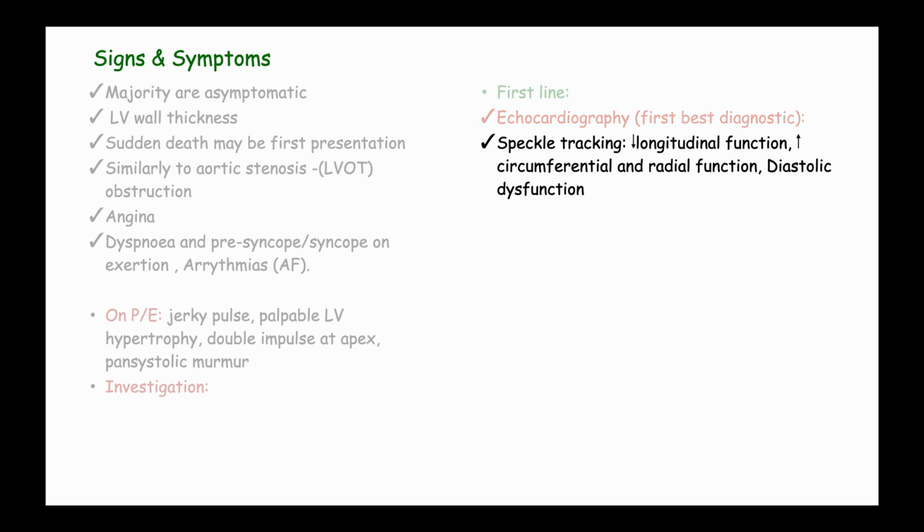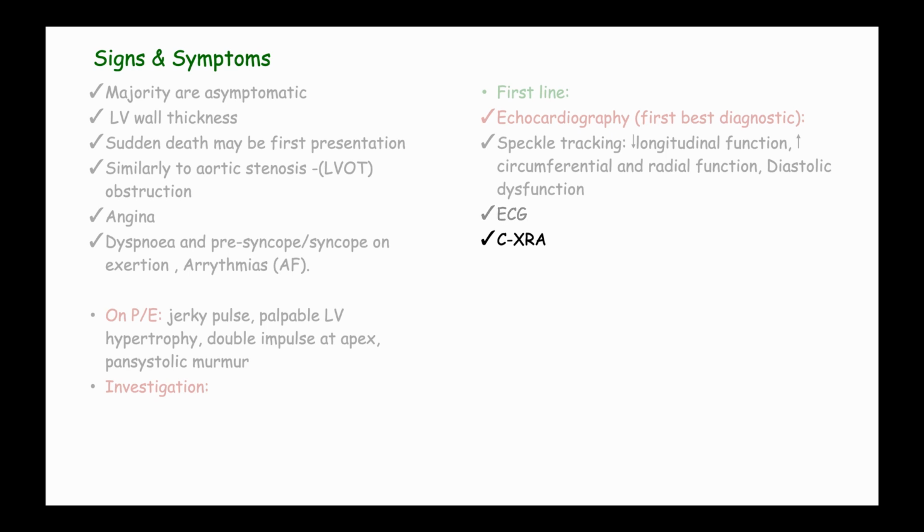Then speckle tracking will also show us decreased longitudinal function as well as increased circumferential and radial function. And interestingly, diastolic function will also be seen in speckle tracking. Now, on ECG, though the changes are not specific, we may find left ventricular hypertrophy as well as T-wave inversion in some of the patients.